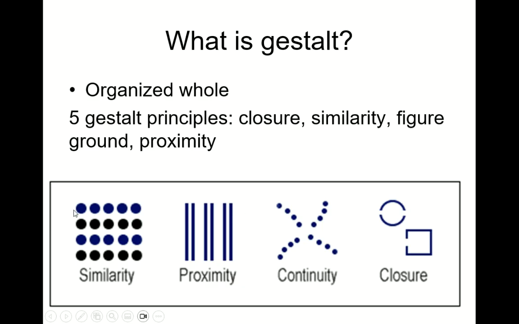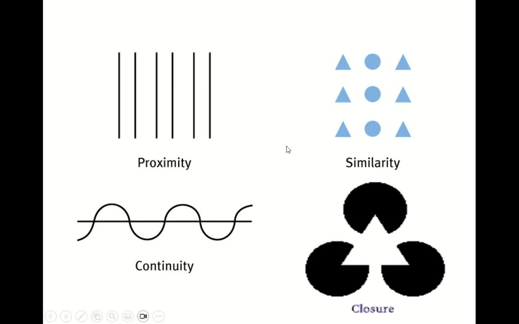And you may see similarity. You may see rows instead of columns because of the concept of similarity. This is all in your head. It's not based in reality. You may see these two lines as related when there's no reason to think they are, other than the fact that they are close together. Proximity, near each other. Similarity, you may see three columns.